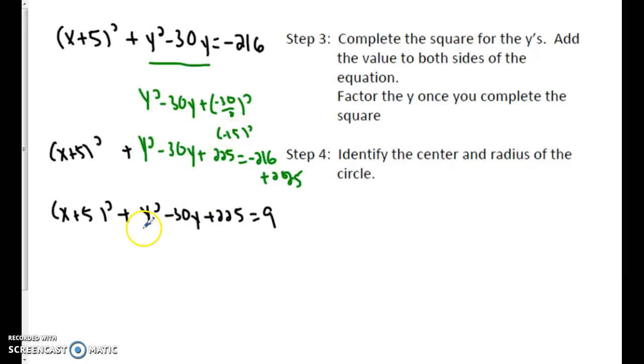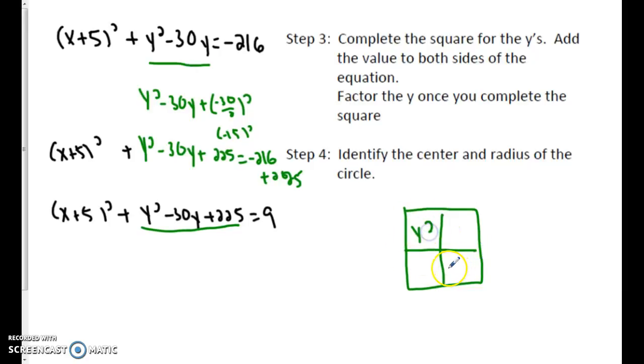And then what we're going to do is factor out this side right here. We can use a box to do this. So I have y squared and positive 225. What gets me 225 but a sum of 30? I know 225 breaks down to 15 and 15, because they're both perfect squares. So I can say minus 15y minus 15y.